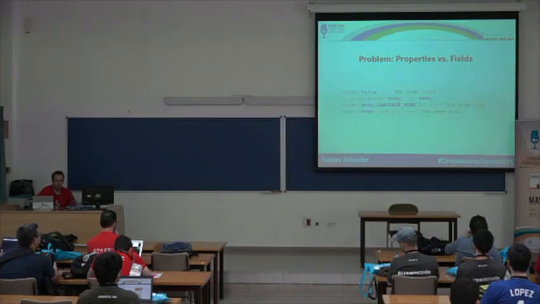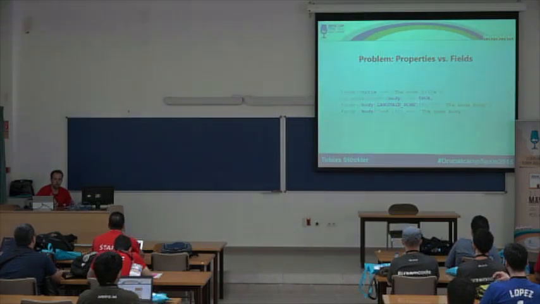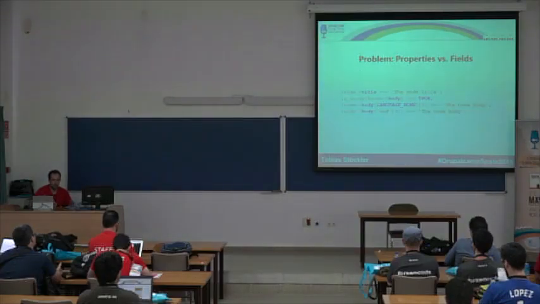In Drupal 7, we still have this very clear distinction between what's called properties and fields. The node title is a base property of nodes. Every node has a title, and if you have a node object and want to access the node title, you just use the title property and it's a string directly.